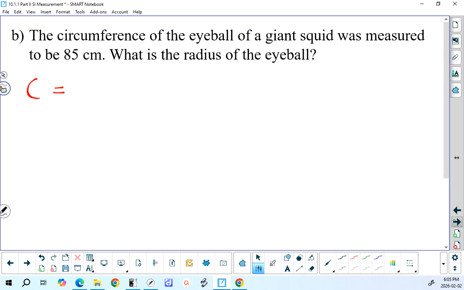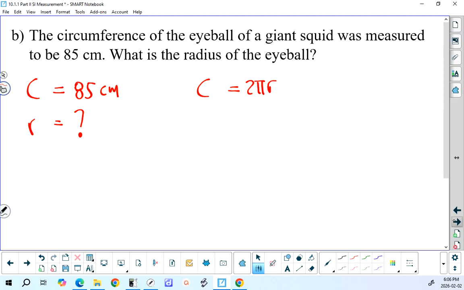The circumference is 85 centimeters, and we are asked to find the radius. Well, the strategy we use in math and science is we look at this itemized list of things we know and want to know, and we find a formula that has those items in it. And the formula is the same one, C equals 2 pi r.